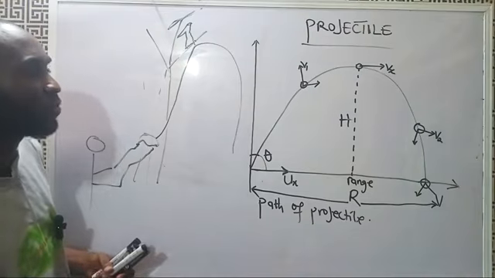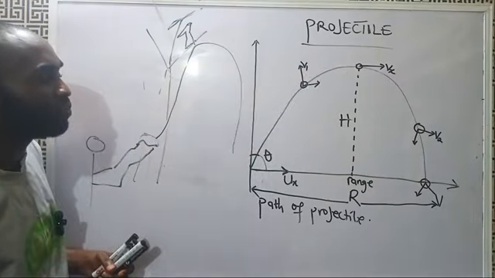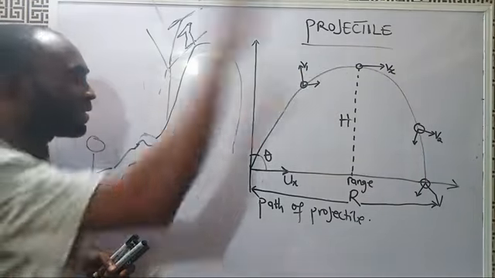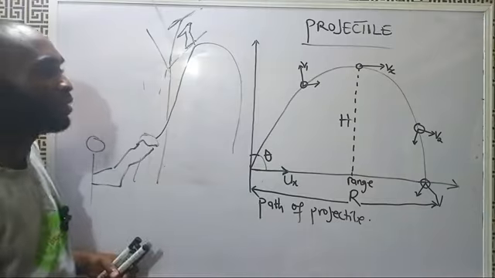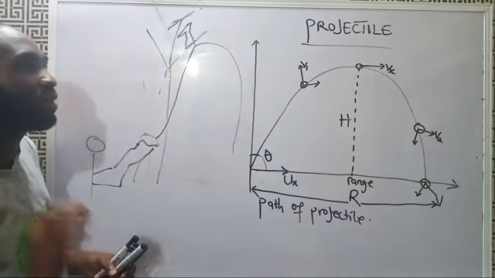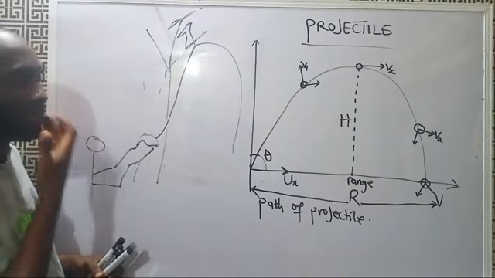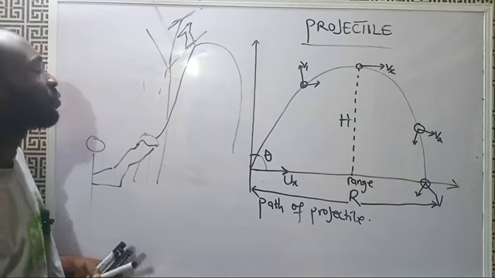Okay, so now again, let's say for example you throw a tennis ball and it lands on the wall. It hits the wall, then returns back to the ground. That is another kind of projectile.